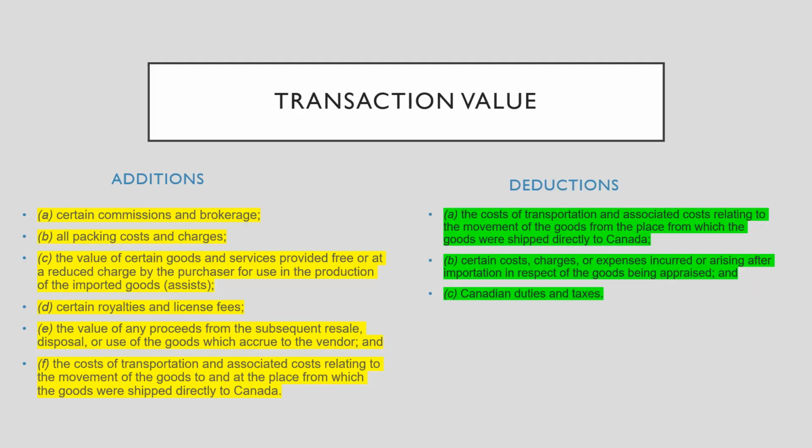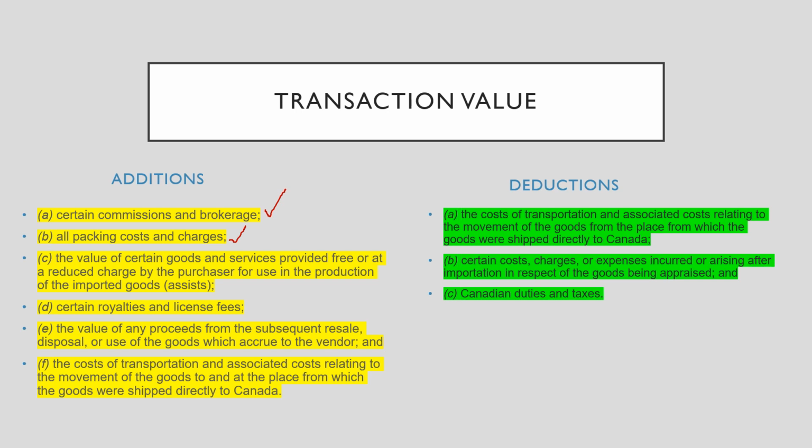So those transactions and additions are quite simple. They are basically certain elements that you should be adding to the value of your goods. Those additions will be certain commissions and brokerage, all packing costs and charges, except the export packing, which will not be included.